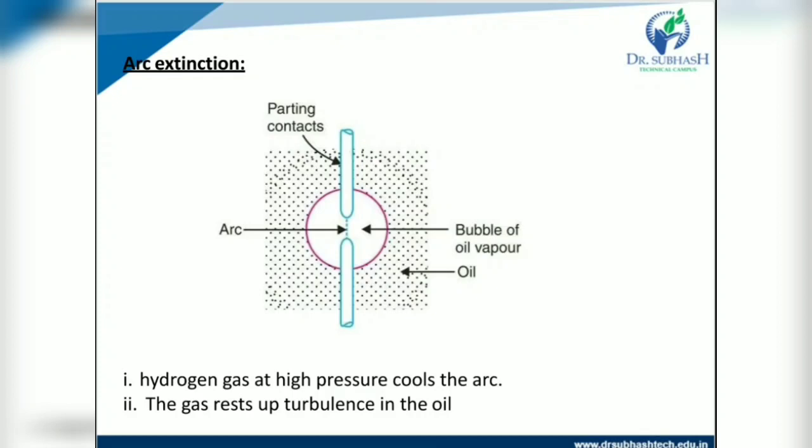Now the disadvantages of oil as an arc quenching medium: the oil used in the oil circuit breaker is inflammable and hence causes fire hazard. There is a risk of formation of an explosive mixture with air.